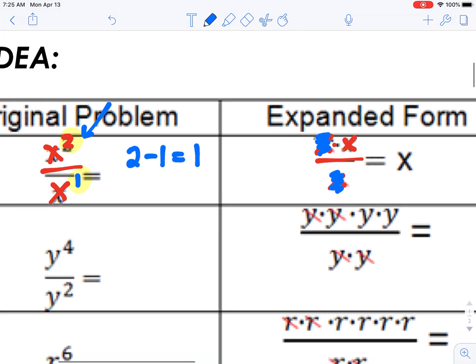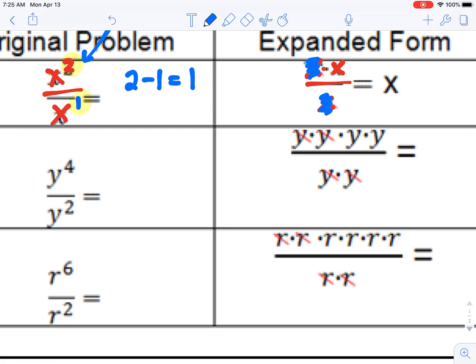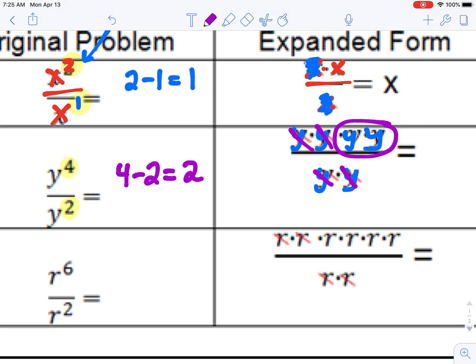top. So for this next one, there were 4 y's on the top and 2 on the bottom. If we cross off the same, we have 2 left on the top. If you do it with the exponents, the shortcut, bigger minus smaller, 4 minus 2 is 2, and it stays on the top where the bigger exponent is.